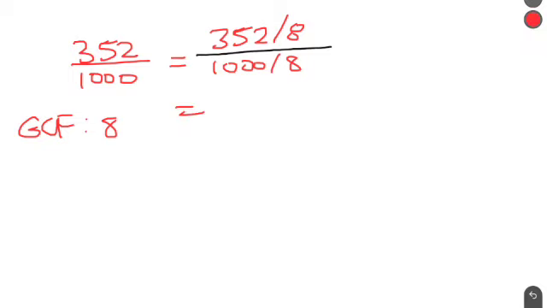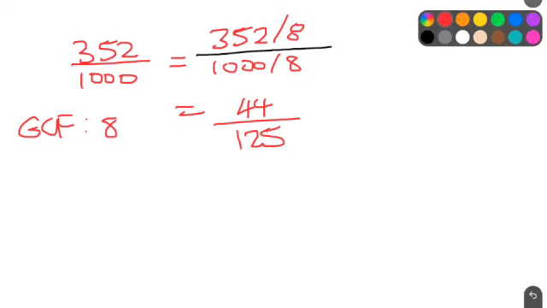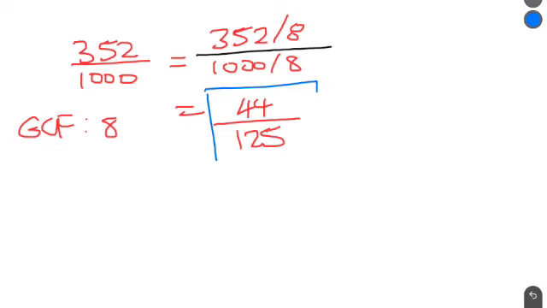352 divided by 8 is 44. And 1,000 divided by 8 is 125. So 352 over 1,000 is simplified to 44 over 125 in its simplest form.